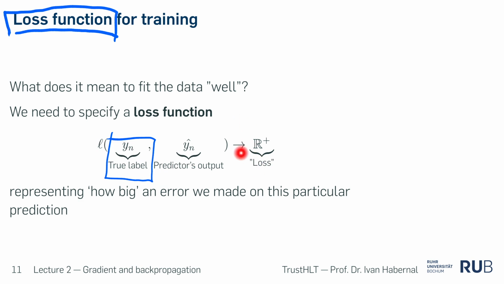We get some positive real number, which is the loss, and it's similar to your error. The bigger the loss, the worse I'm performing, and the smaller the loss, the better I'm performing. Does it make sense intuitively? It's measuring how big an error was made.